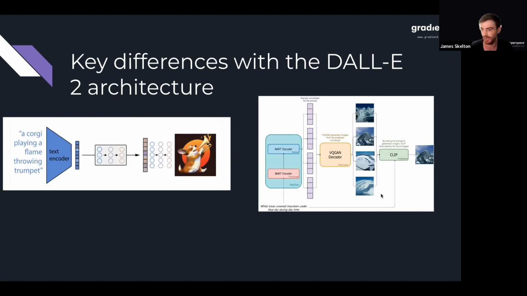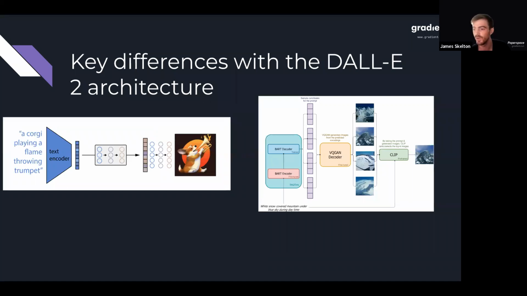DALL-E Mini, on the other hand, starts with the caption, which we got from our BART decoder in the training phase, and it is passed to a BART encoder. The beginning of sequence token is fed through the BART decoder. The image tokens are then sampled sequentially based on the decoder's predicted distribution over the next token.